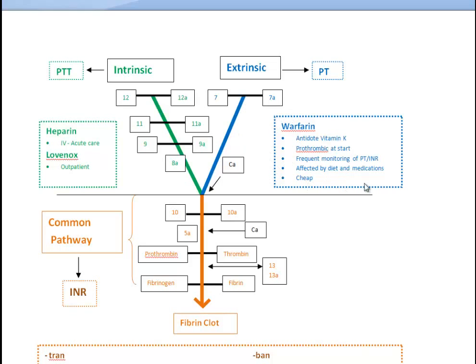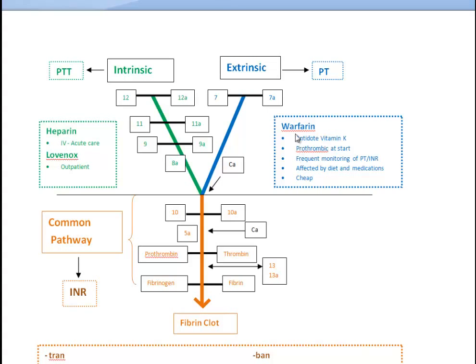Here the extrinsic pathway is in blue, and I have indicated that warfarin acts mostly on the extrinsic pathway. If you look at the actual cascade and the drug information, there is some activity down here, but it's generally considered that warfarin acts on the extrinsic pathway.